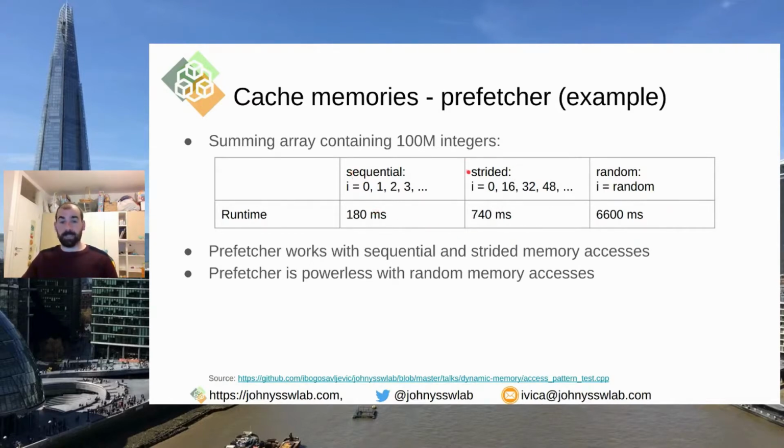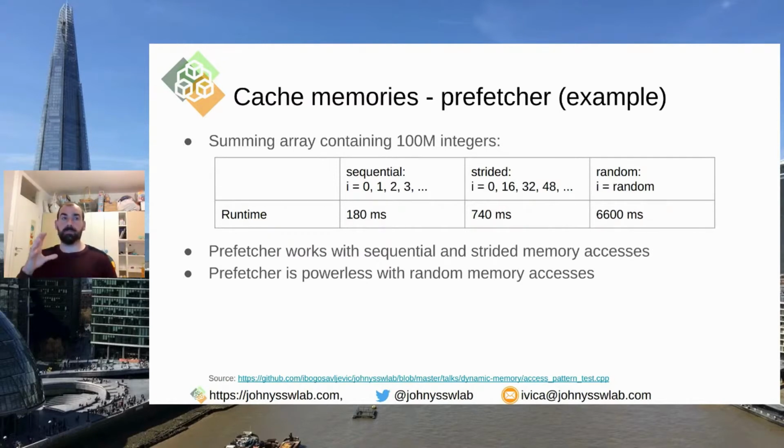If you have a fixed stride, so 0, 16, 32, 48, you'll have a runtime of 740 milliseconds, about 4 times slower. And if you're randomly accessing your array, so you're accessing all the elements, but randomly, you get a runtime of 6,600 milliseconds. It's 30 times slower than executing sequentially.